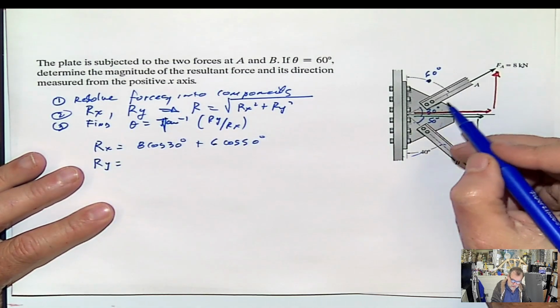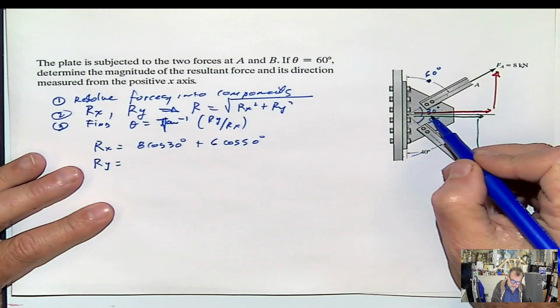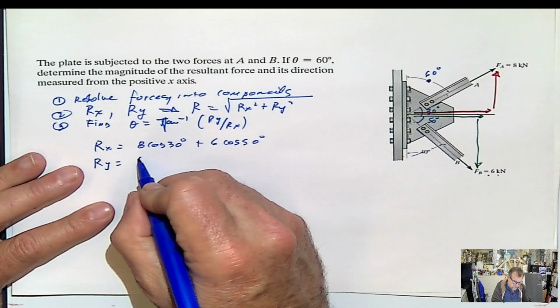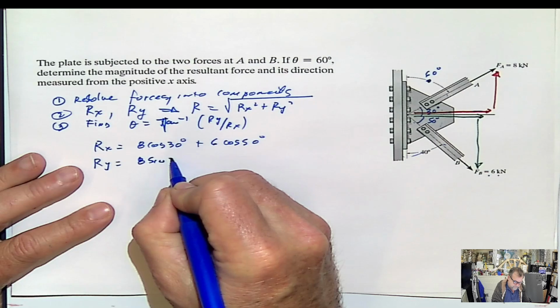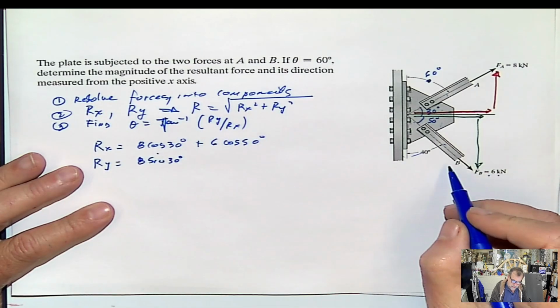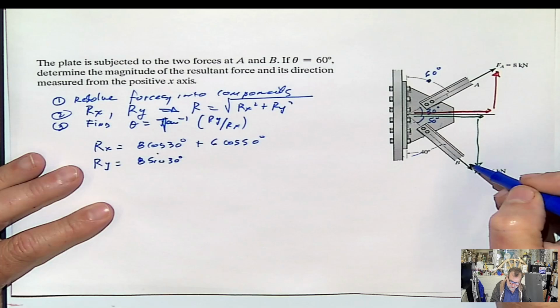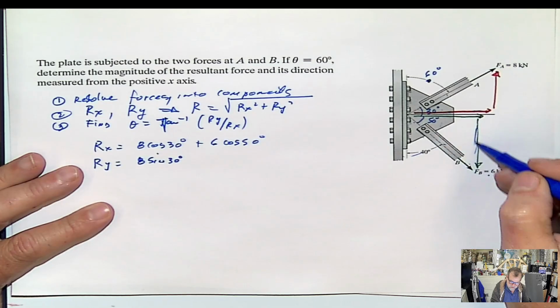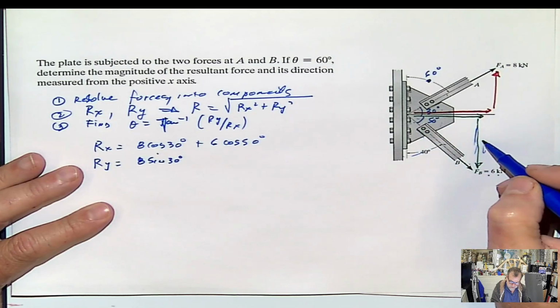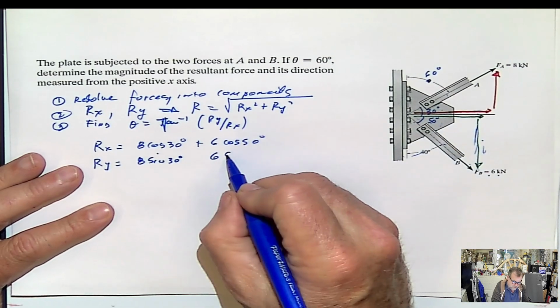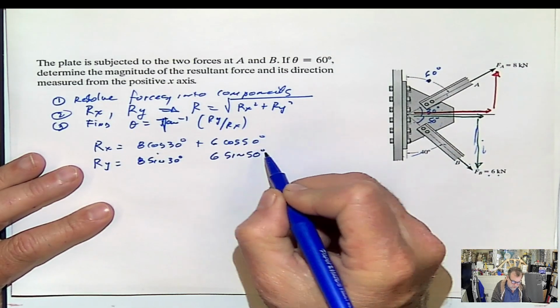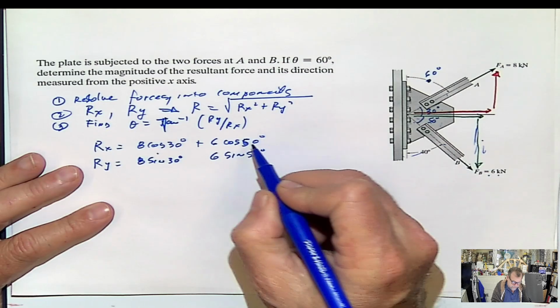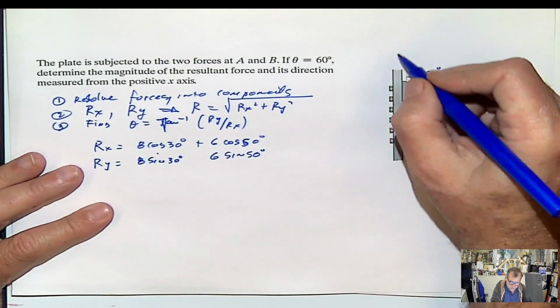It's going to be 8 sine 30 because it's the opposite. And this is going to be 6 sine 50 because it's the opposite to 50. However, this is pointing up.